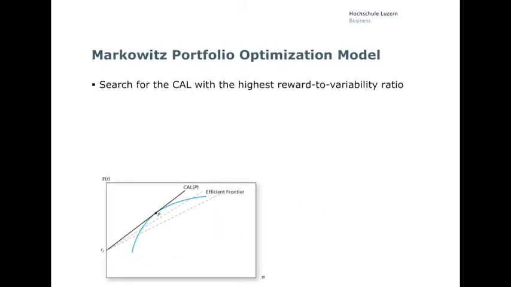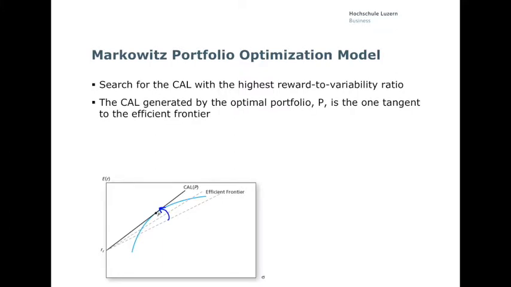Markowitz portfolio optimization model. The second part of the optimization plan involves the risk-free asset. As before, we search for the capital allocation line with the highest Sharpe ratio. The capital allocation line generated by the optimal portfolio P is the one tangent to the efficient frontier. This capital allocation line dominates all alternative feasible lines.